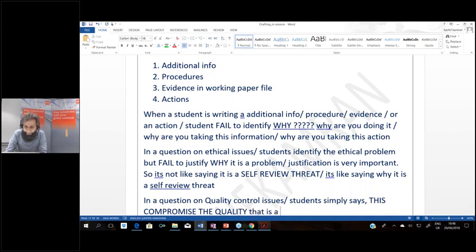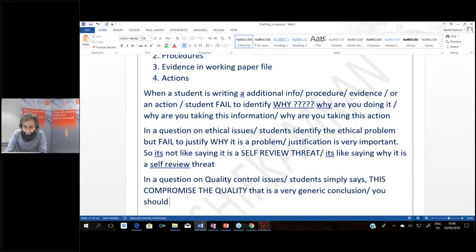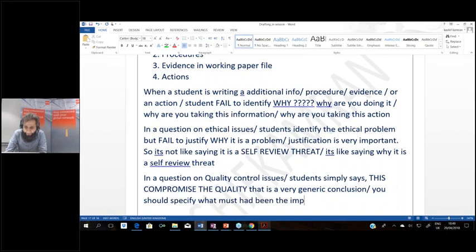That is a very generic conclusion. You should specify what must have been the implication. For example, it says manager was away on holidays.